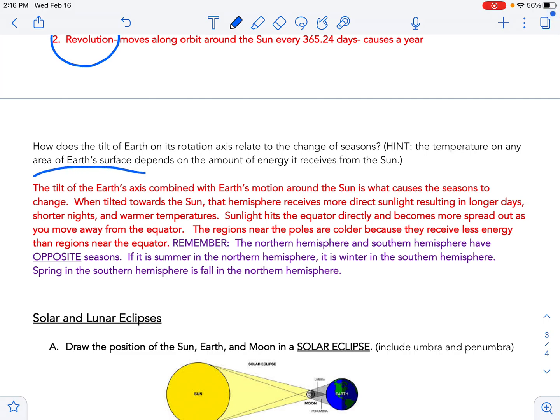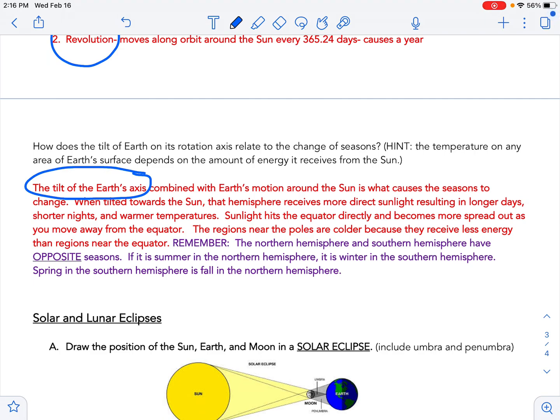So it is the tilt of Earth's axis. That is the reason for the season. If we didn't have a tilt of an axis, then we would have the same season all year round. So it's the tilt of Earth's axis combined with the Earth's motion around the sun that causes the seasons to change.